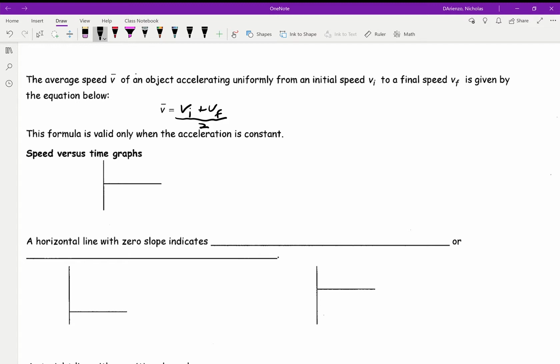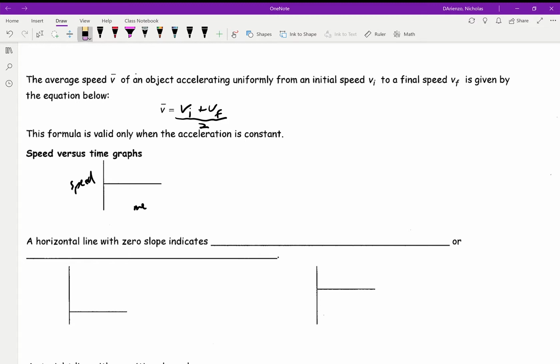So we're going to look at a couple different graphs here, to see how acceleration relates to motion on our motion graphs. We'll start with speed versus time, where we'd have speed and time.